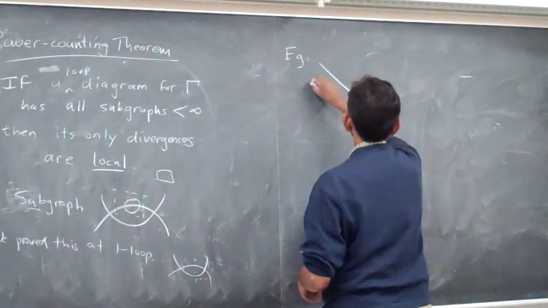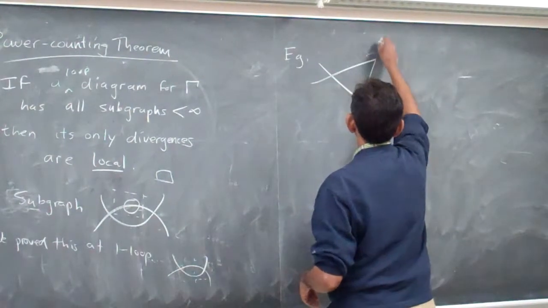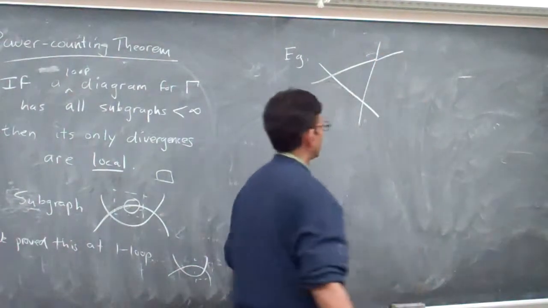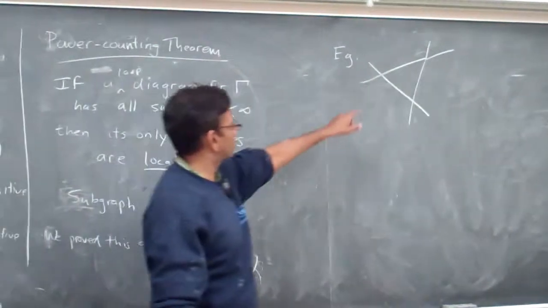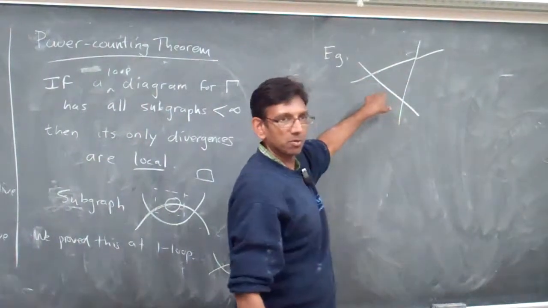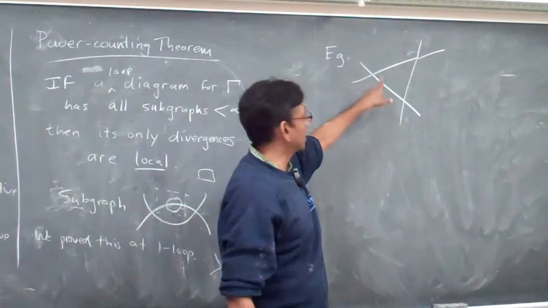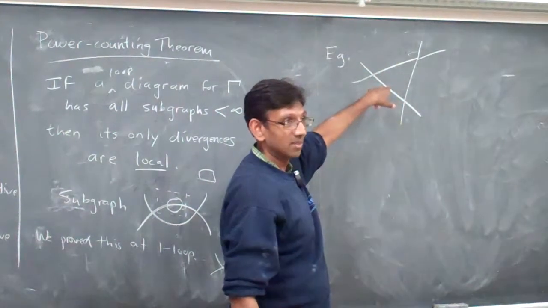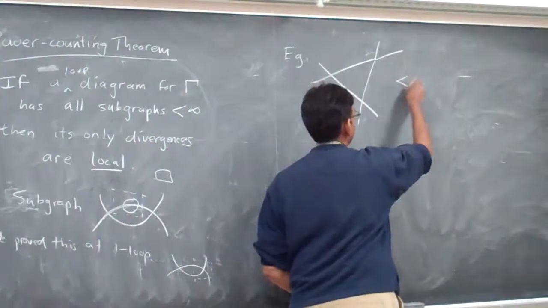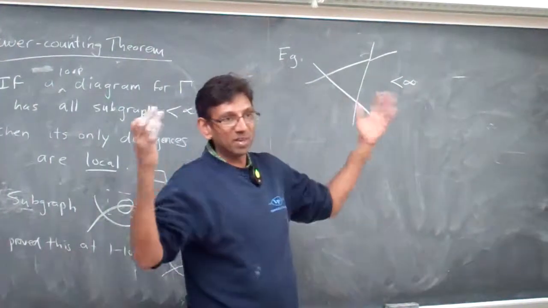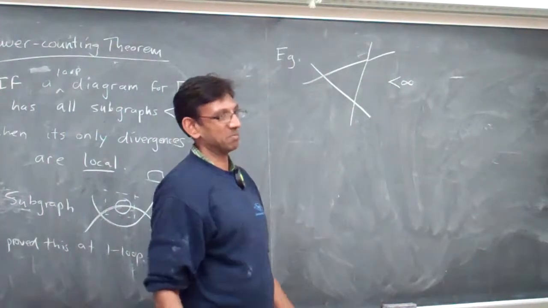Consider this diagram in phi to the fourth. This diagram has three propagators going like 1 over p squared and an integral d4p. So in fact, this diagram is finite. It's one loop, but it's also a finite diagram. It doesn't need much help.